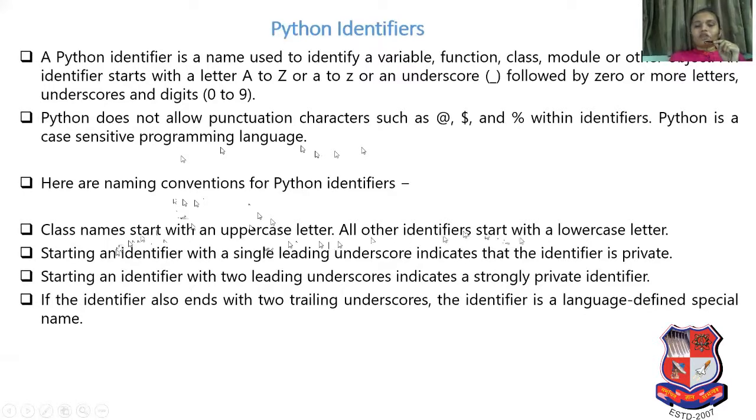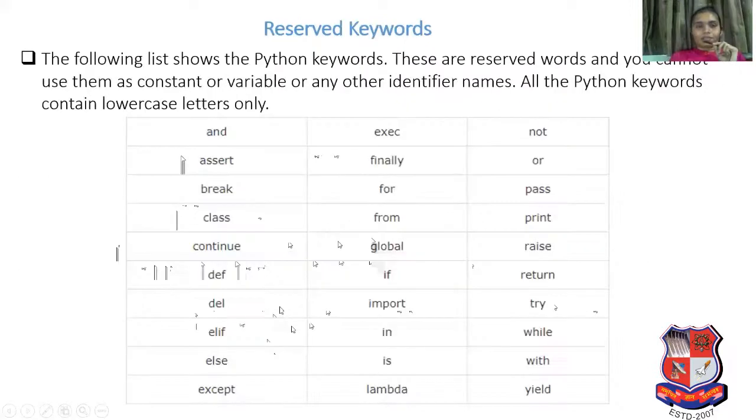All other identifiers start with a lowercase letter. Starting an identifier with a single leading underscore indicates that the identifier is private. Starting with two leading underscores indicates a strongly private identifier. If the identifier also ends with two trailing underscores, then the identifier is a language-defined special name. So this is about Python identifiers.